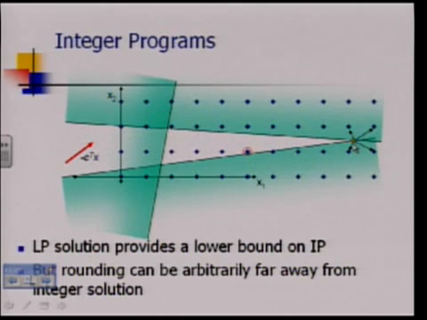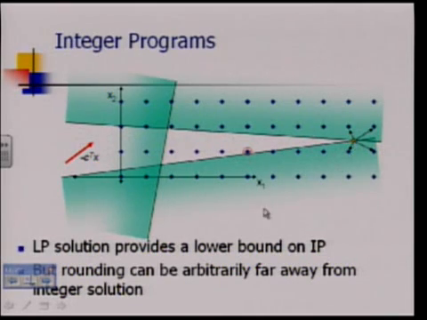So at least the linear program solution provides some way of lower bounding your integer program solution, meaning that even though this is not achievable, at least it's an indication of how far you are from some optimal value. Make sense?